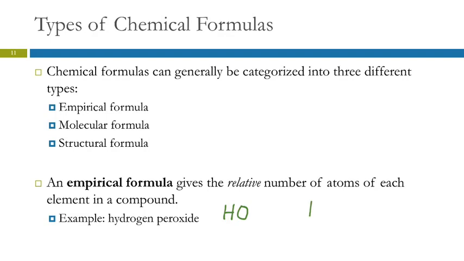But the actual molecule has 2 hydrogens and 2 oxygens in it. So this is the actual molecular formula. We'll talk about that in a minute. This is the empirical formula. It's the lowest ratio, the relative numbers. So 2 hydrogens to 2 oxygens is a ratio of 2 to 2 that can be simplified to 1 to 1. So this just gives us the lowest ratio, the relative numbers.